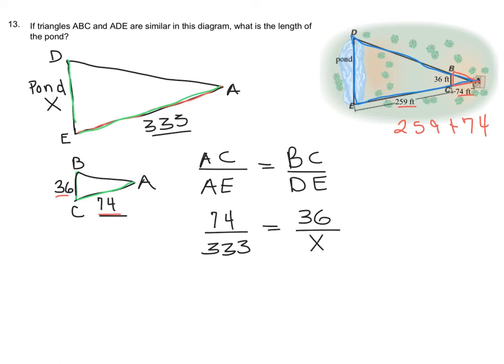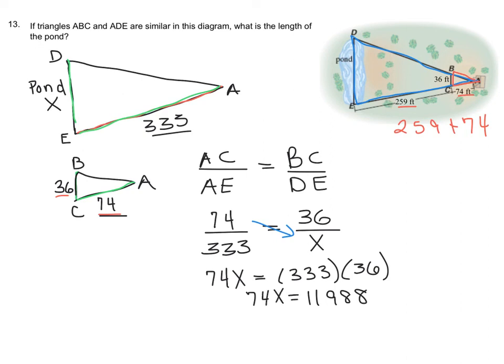Now we'll solve this proportion by performing cross multiplication. 74 times X is 74X. That equals 333 times 36. And when we do that multiplication, we get 11,988.